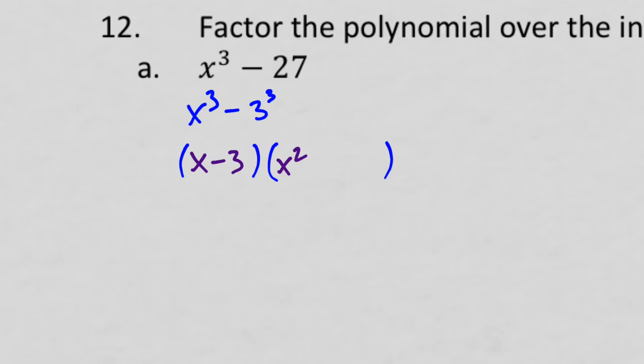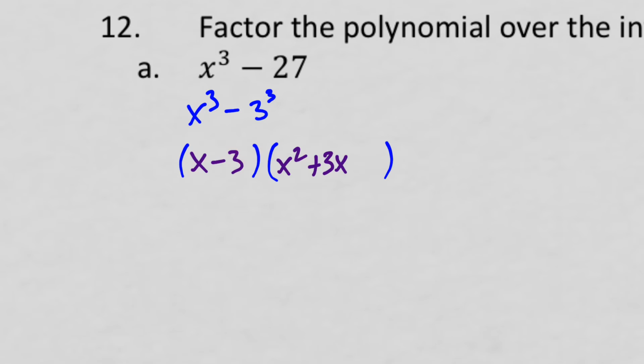For the middle term, you multiply them by each other and change the sign. So x times negative 3 is negative 3x, but change it to positive. So plus 3x. And for the final term, you square the final number. And it's going to be positive because no matter what, when you square it, it's always going to be positive.